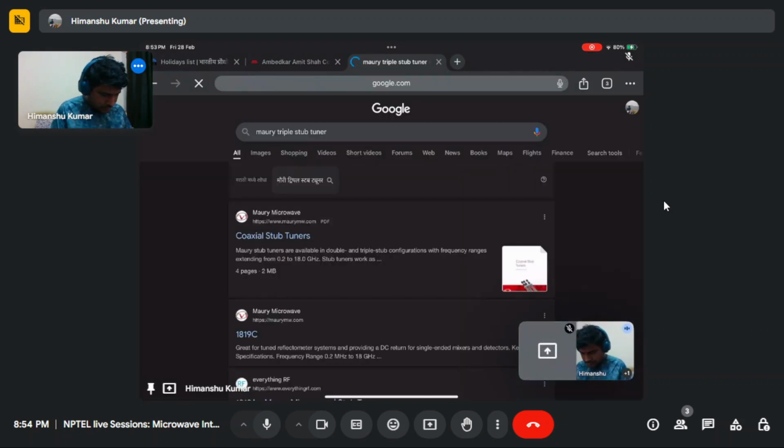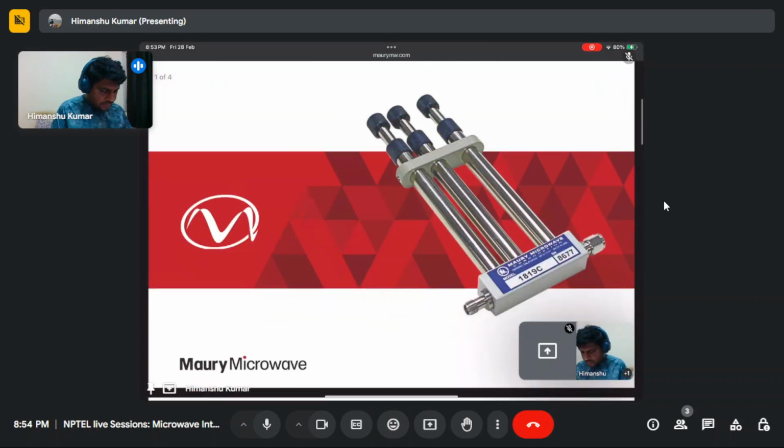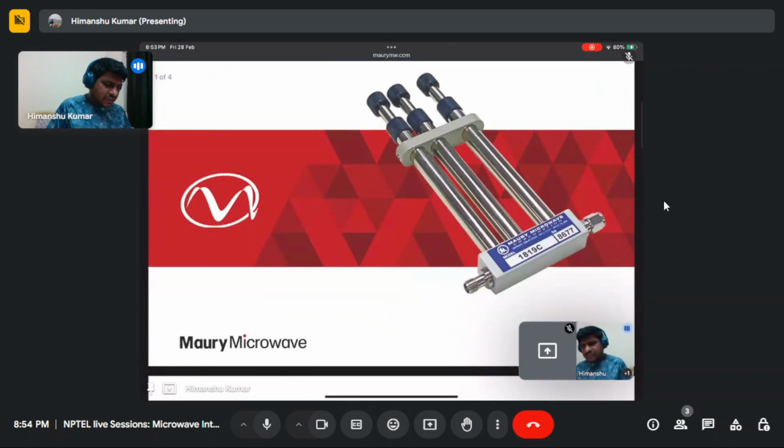It looks like this. So this is the image, right? This is the main line, with the two SMA ports, and these are the other three coaxial shorted stubs in addition.